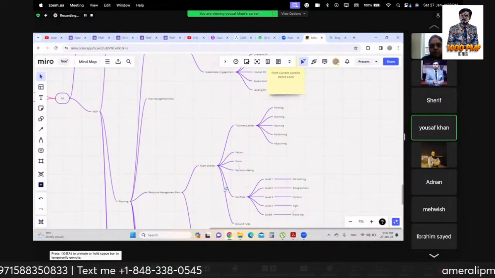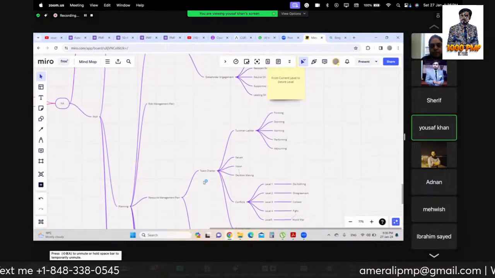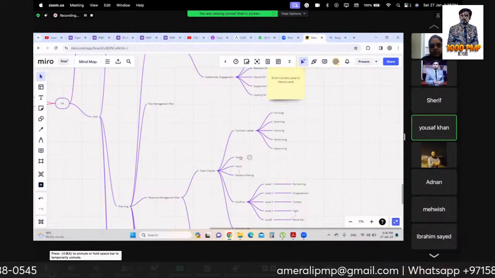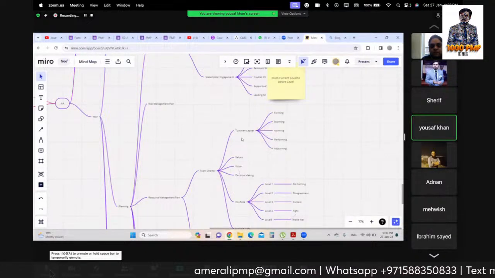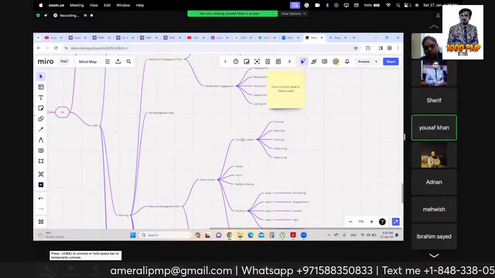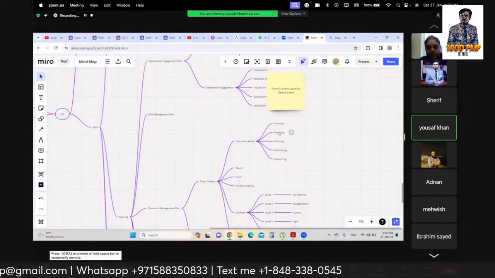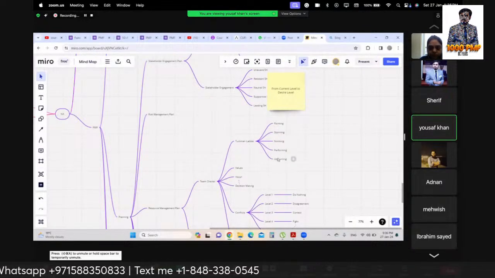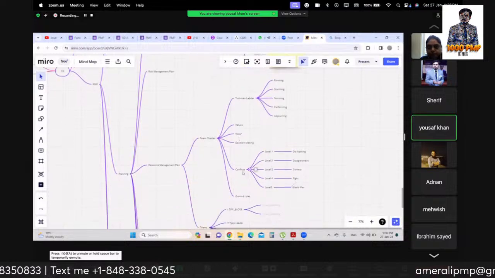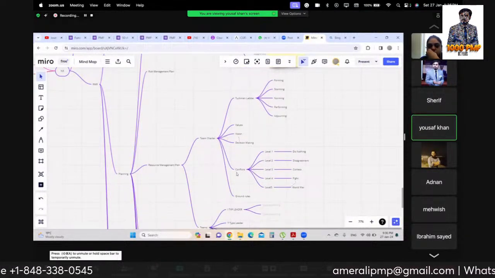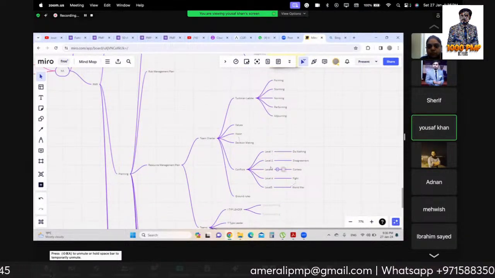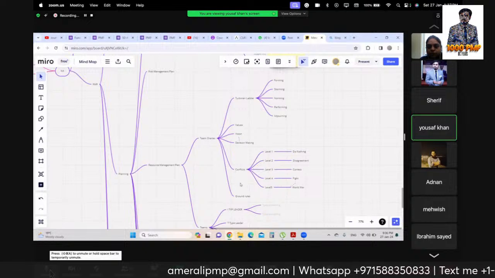Then in the resource management plan, we have a team charter where we have Tuckman ladder, values, vision, and decision making. In Tuckman ladder, we have 5 stages: forming, storming, norming, performing, and adjourning. We have also, if there is a conflict, 5 levels of conflict.